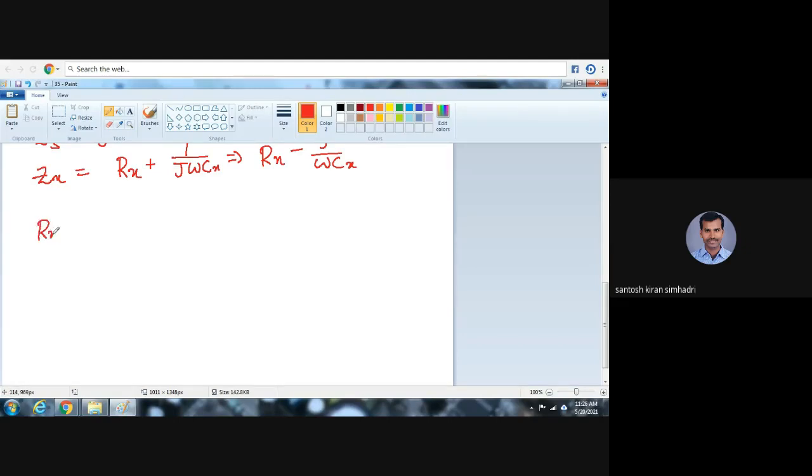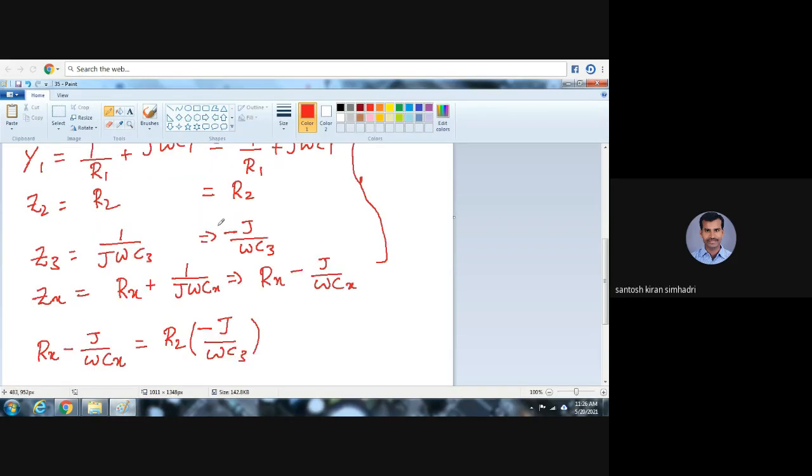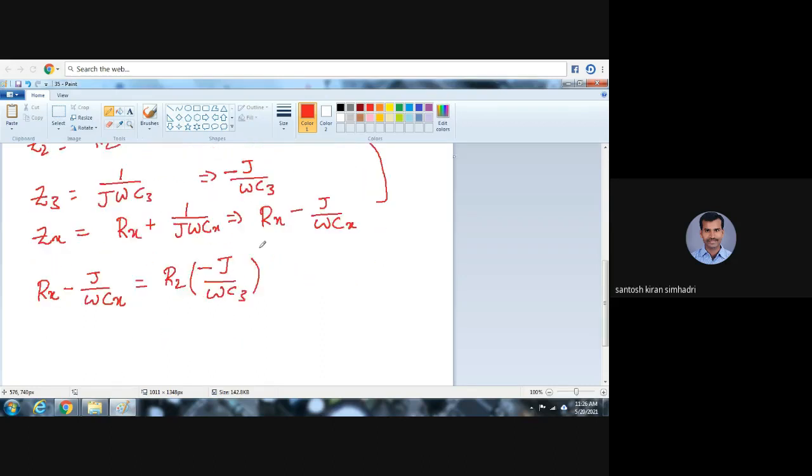Now find Rx minus J by omega into Cx equal to R2. R2 I will write as it is, into minus J by omega C3. I will show you, no worry. Z3 equal to minus J by omega C3. Okay, fine. Yes, Pramila, is it clear for you?